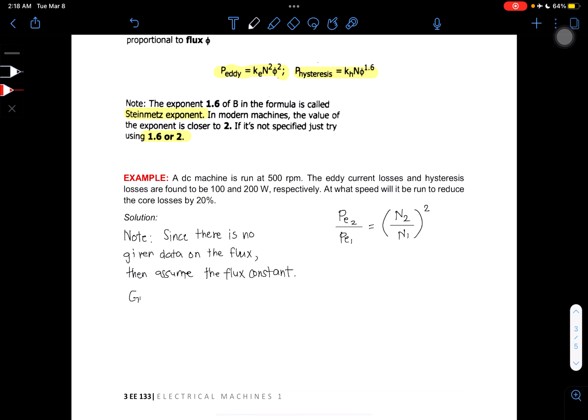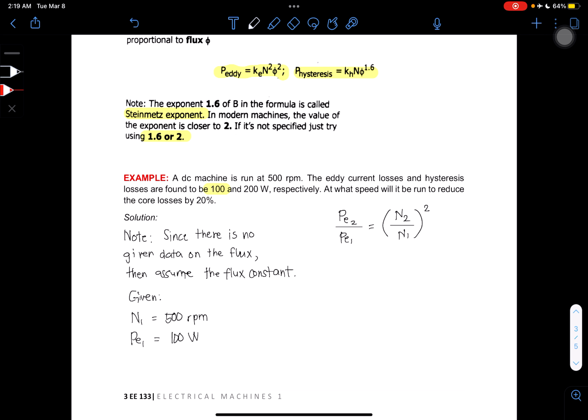So unsa may given sa problem? In the problem, naghatag siya og N1, which is 500 RPM. And our P_E1 for eddy current, we have here 100, so 100 watts.